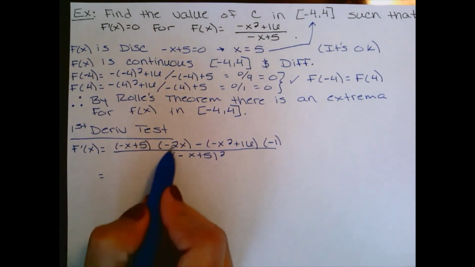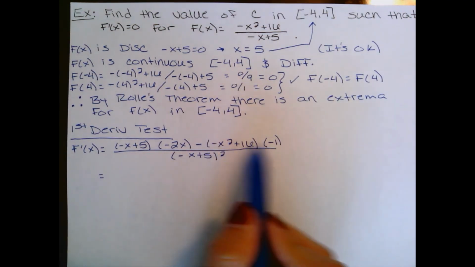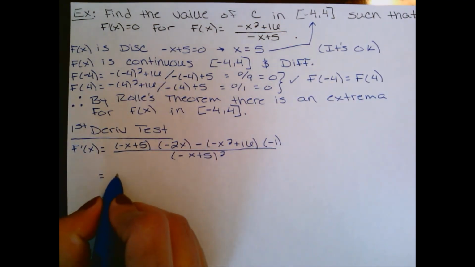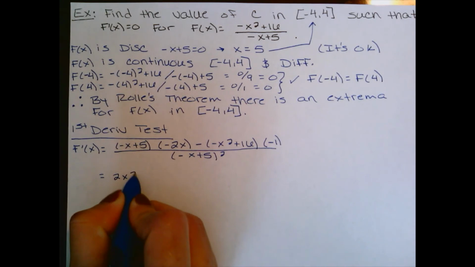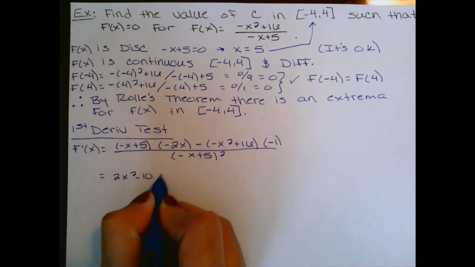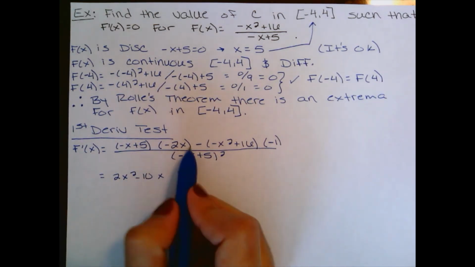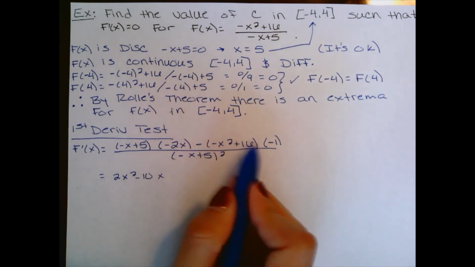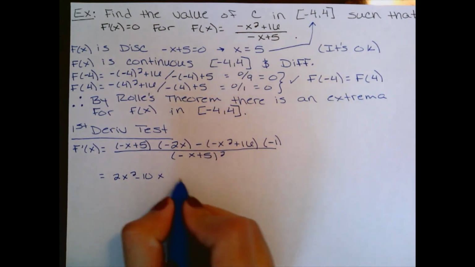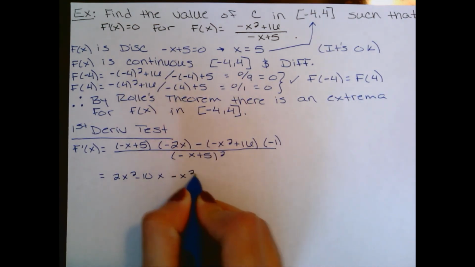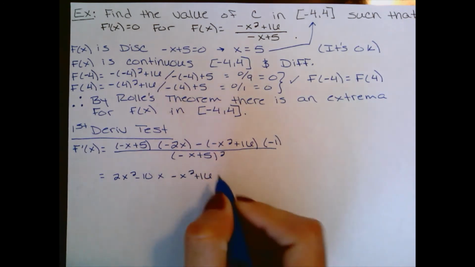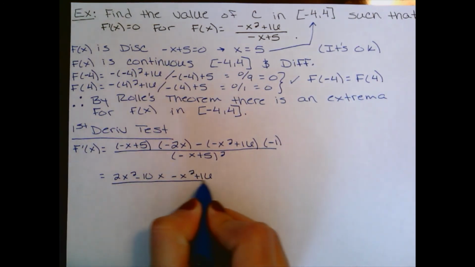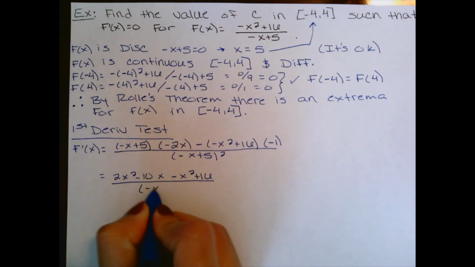Okay, let's clean out that numerator. We're going to distribute here, and then here we're going to distribute this negative and this negative 1. So here we distributed this side. Now the two negatives, this is going to end up being negative x squared plus 16. Remember, there's no need to clean the denominator.